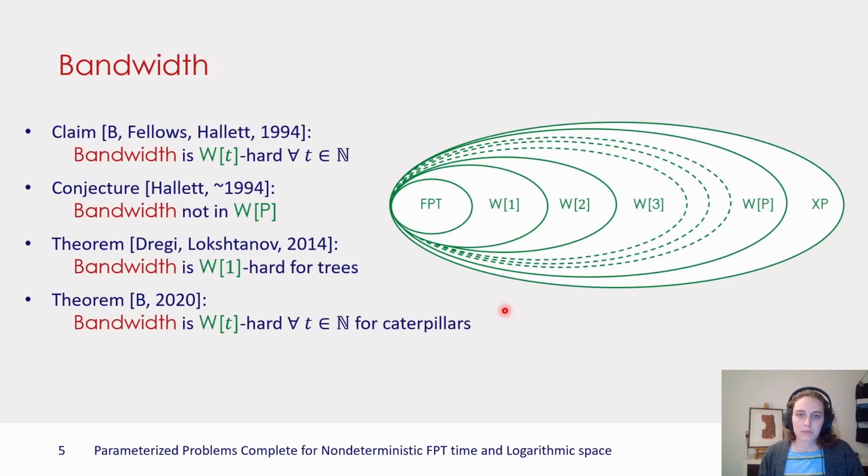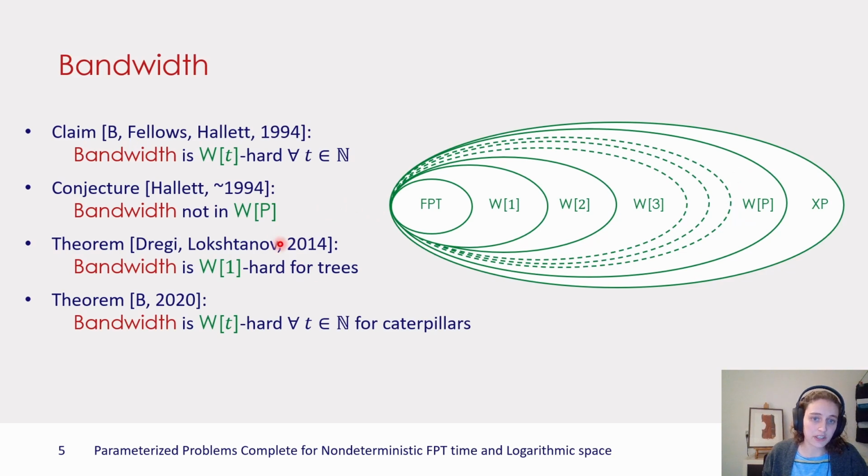And we're looking at bandwidth because it was unknown for a long time for which class it was exactly complete. So in 1994, Bodlaender, Fellows, and Hallett claimed that bandwidth was W[t]-hard. An actual proof for this came a bit later. And in 1994, Hallett actually conjectured that it's also in this class WP.